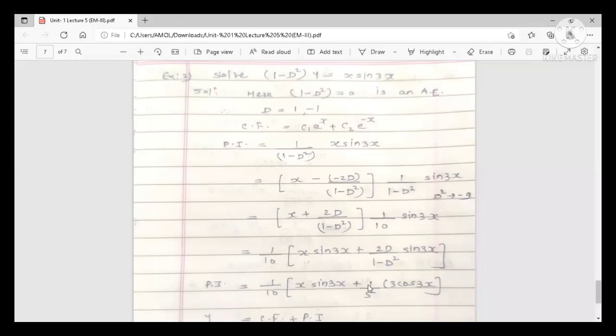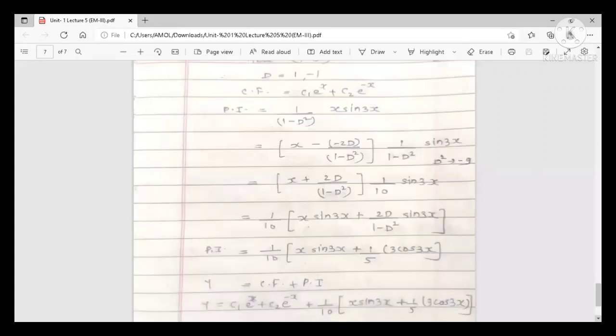And 2 upon 10 is 1 by 5. And D means derivative. If a single D is there in the numerator, then you take the derivative of that function. The derivative of sine 3x is cos 3x into 3, because the coefficient of the angle is 3. So the complete term is 3 cos 3x upon 5. And this is the PI here.